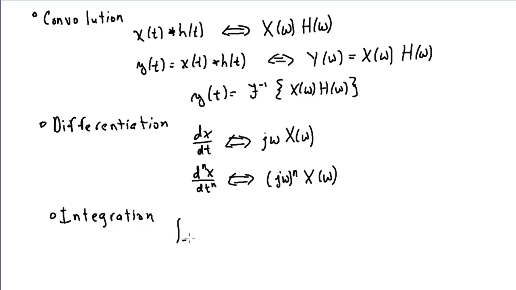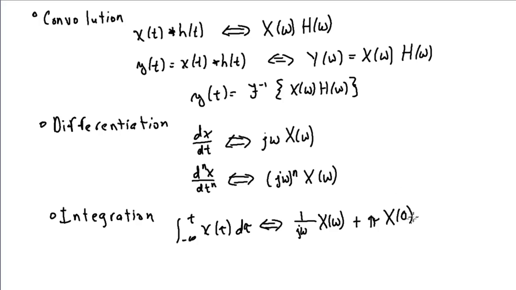If we're integrating from minus infinity to t of x of tau d tau, the corresponding Fourier transform is 1 over j omega x of omega plus there is an impulse due to any DC component, x of 0 times delta of omega.